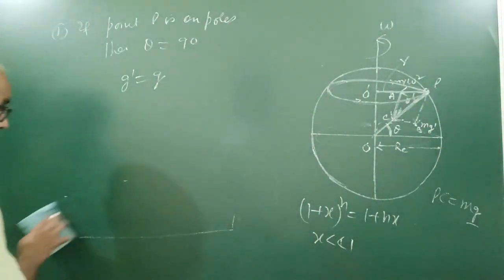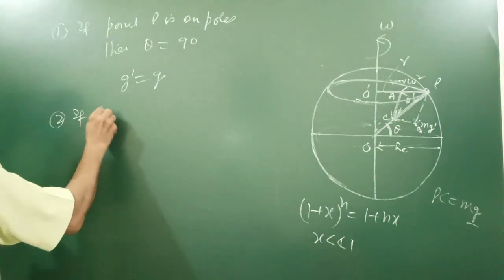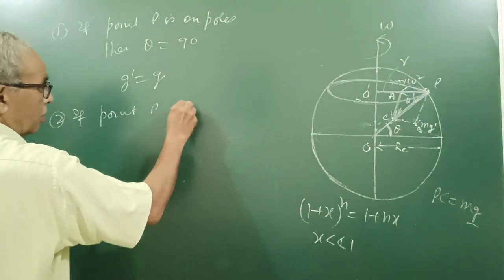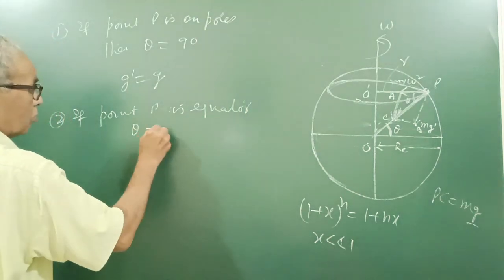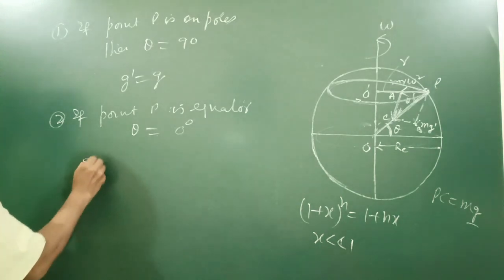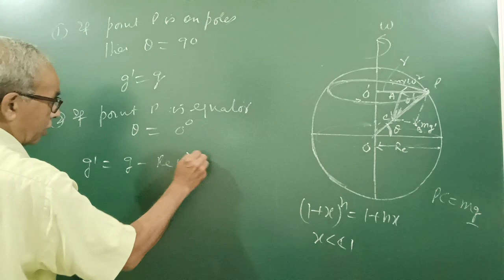Now number 2, if point P is on the equator, then theta is equal to 0 degrees, and hence g dash equals g minus R e omega squared.